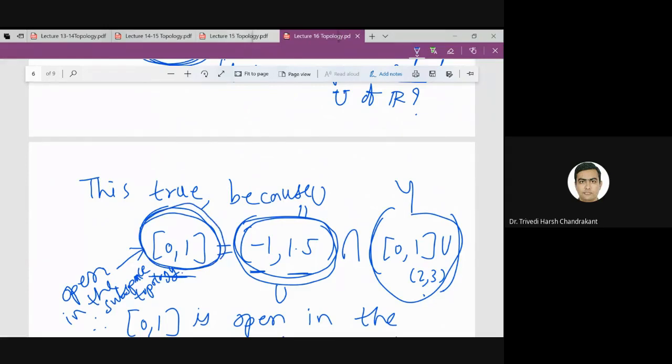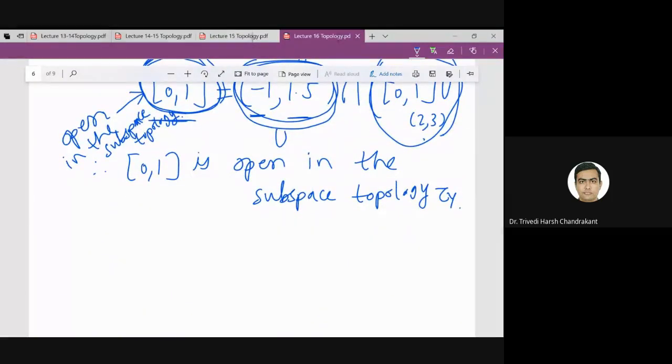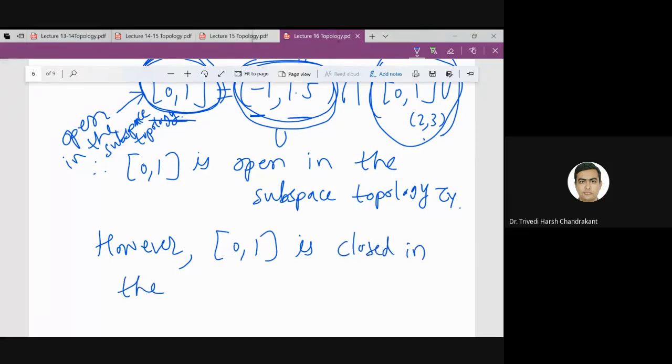The closed interval 0 1 is closed, right? So it is open in the subspace topology. However, the closed interval 0 1 is closed in the standard topology on R.